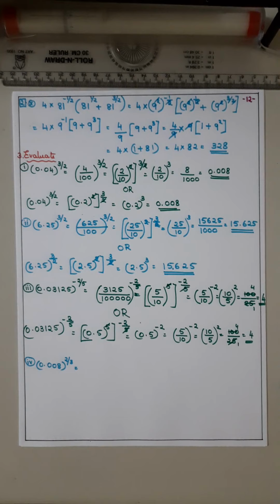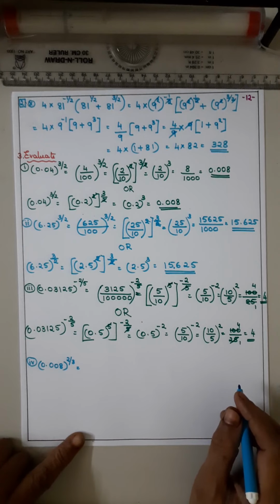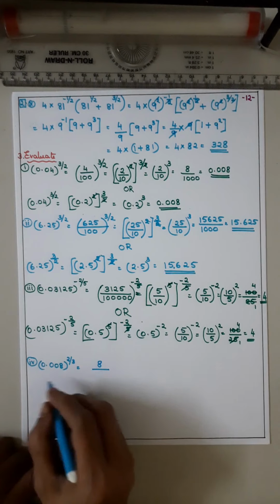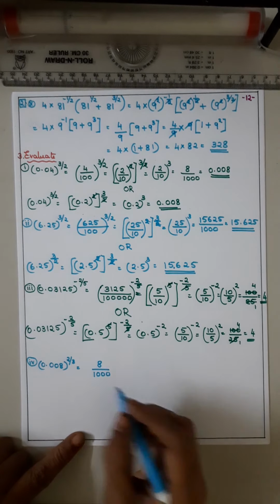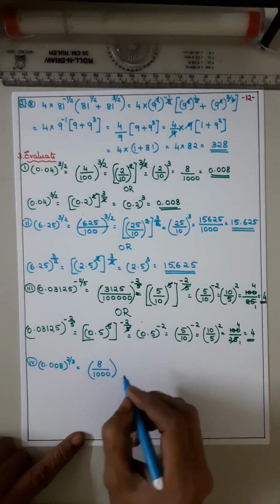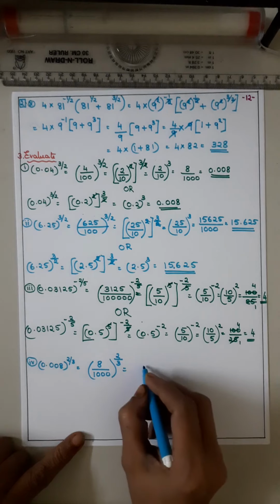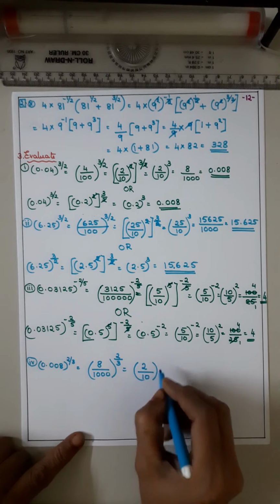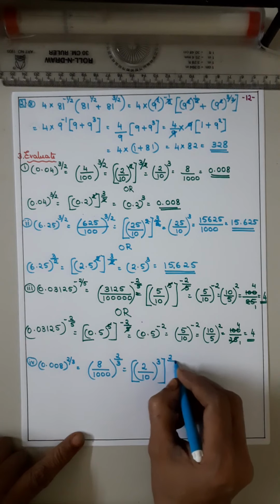Hope everyone is understanding. Okay, coming to the fourth sum, 0.008. That means 8 upon 3 decimal means 1000. The whole power 2 by 3. Now 8 किसका क्यूब है? 2 का, 1000 10 का, तो क्यूब again power 2 by 3.